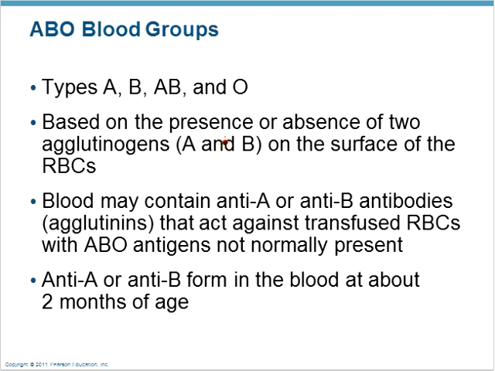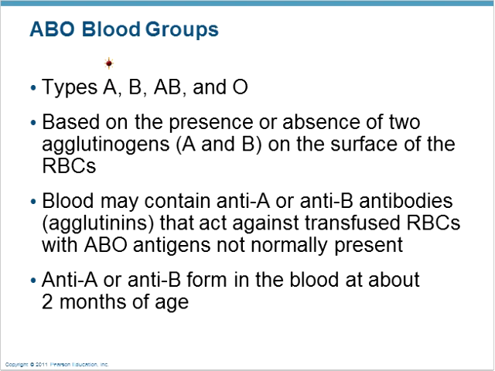The blood may contain anti-A or anti-B antibodies, agglutinins, that act against transfused red blood cells, ABO antigens that are not present. So let me go back and look at that. Type A blood has A antigens on the red blood cell and produces anti-B antibodies.